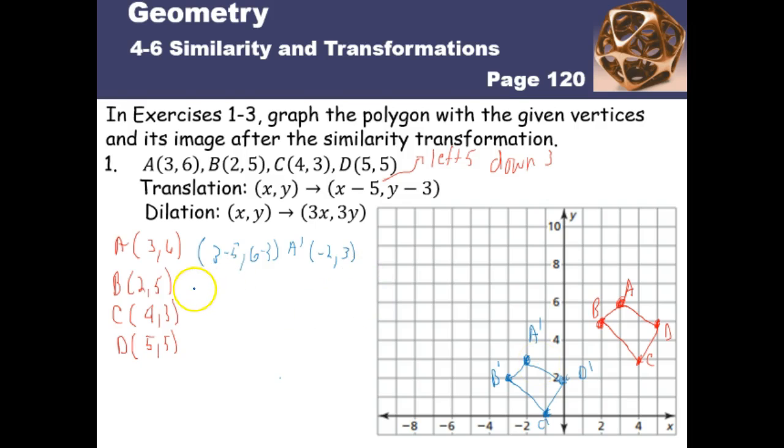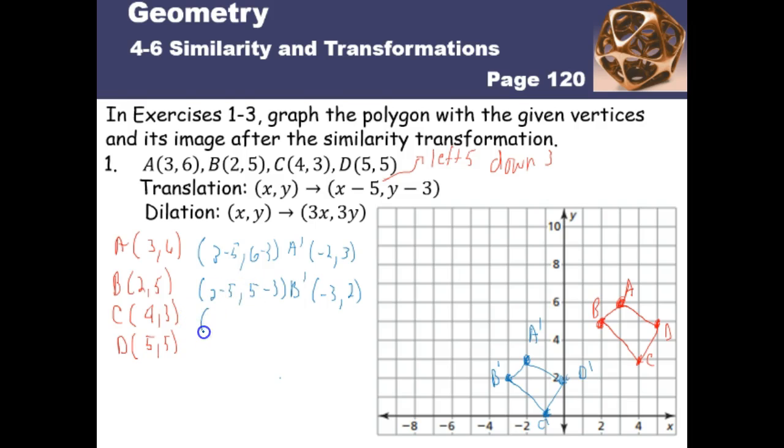And then B, I'm going to replace x with 2 this time, so it's going to be 2 minus 5, and then the y value is 5, so 5 minus 3. So B prime should be 2 minus 5, which is -3, and 5 minus 3, which is 2. So B prime should be (-3, 2). And it is (-3, 2).